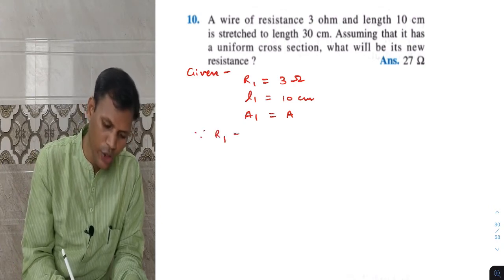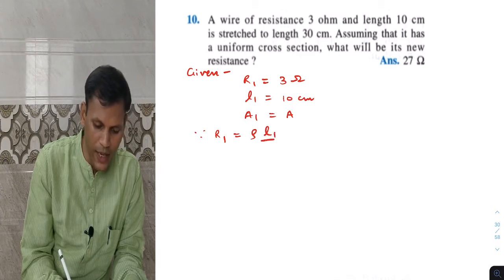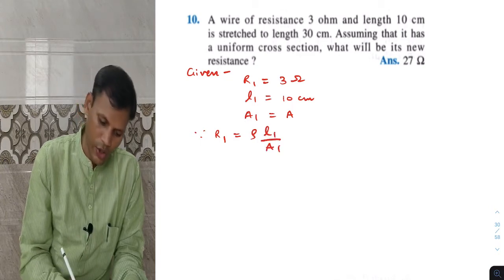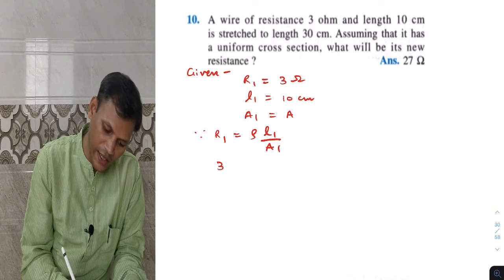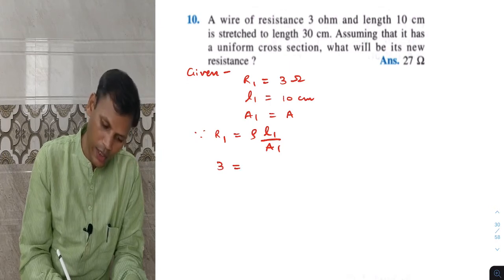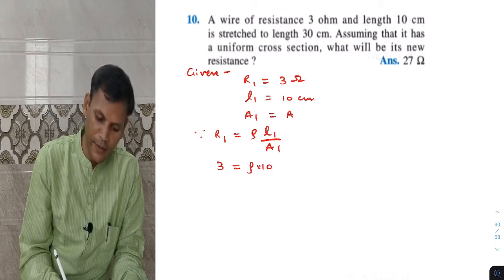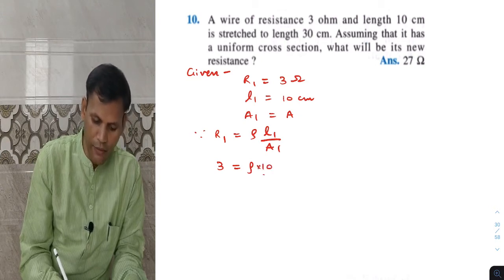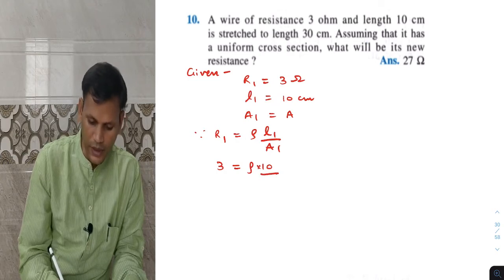Since R1 is equal to rho L1 by A1, R1 is 3, is equal to rho, L1 is 10 centimeter, upon A1.